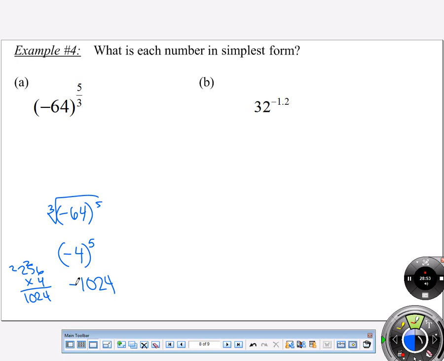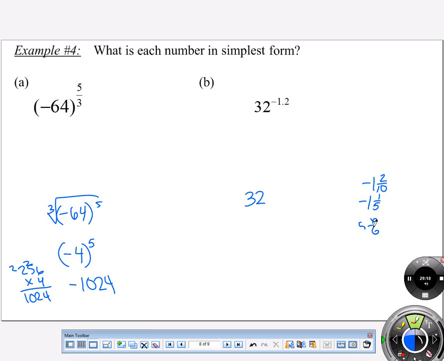All right, now part B, the exponent says negative 1.2. How would I want to rewrite that if I want to understand this better? Okay, good. So negative 1.2 means negative 1 2/10, or negative 1 1/5, which if I want to write that as a single fraction, 5 times 1 is 5, plus 1 is 6.